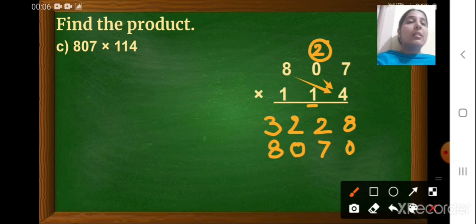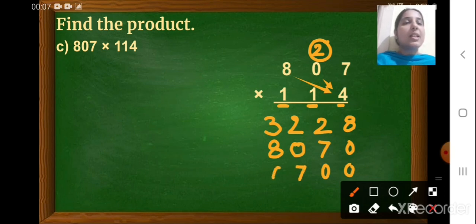Now children, we have to multiply by the digit at the hundreds place of the multiplier. So how many zeros will we put? Just see after 1 how many digits are there? 1, 2. Therefore we will write 2 zeros there. Okay. Now let's multiply. 7 ones are 7, 0 ones are 0 and 8 ones are 8.